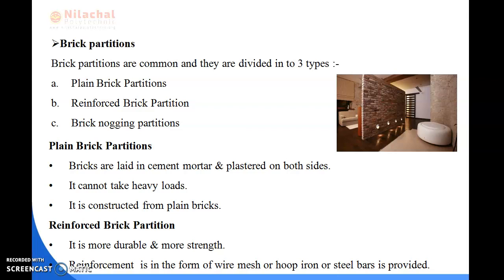It cannot take heavy loads and it is constructed from plain, normal bricks.